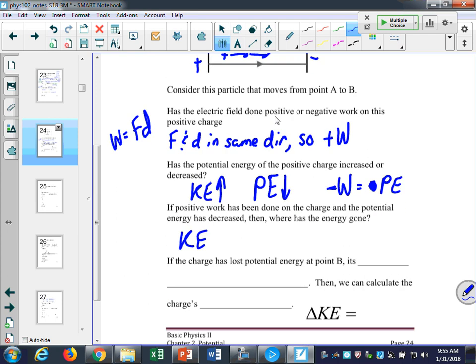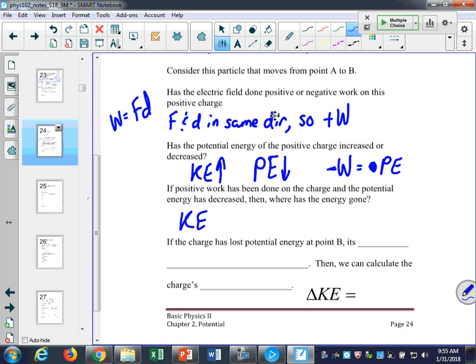So the charge has lost potential energy at point B. Its kinetic energy must have increased. Yeah. All right, then we can calculate the charge's speed at B.